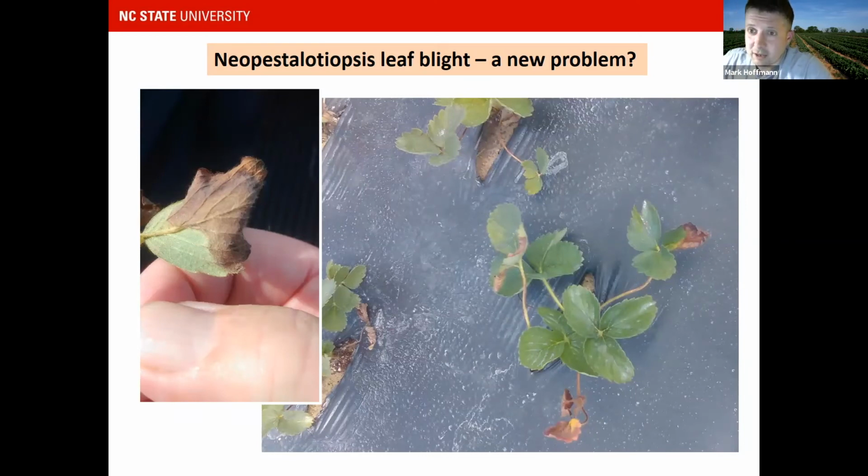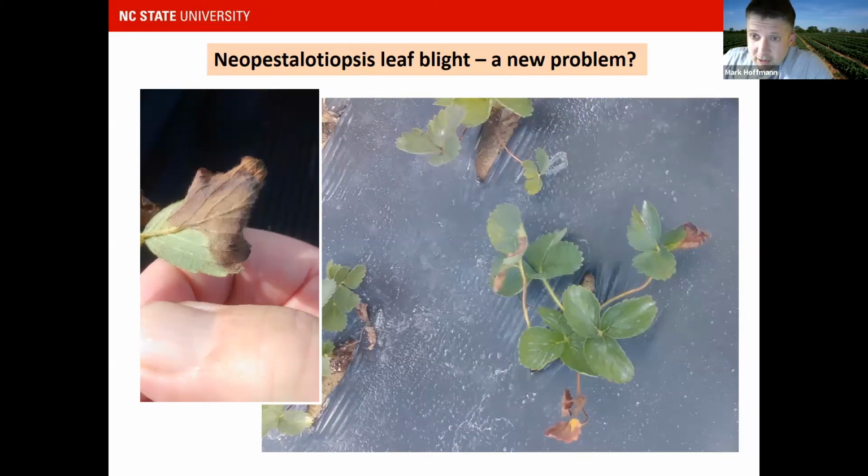is around now since 2020 is Neopestalotiopsis leaf blight. Again, that is a disease which can go onto the leaves, but it also can go onto fruit production.